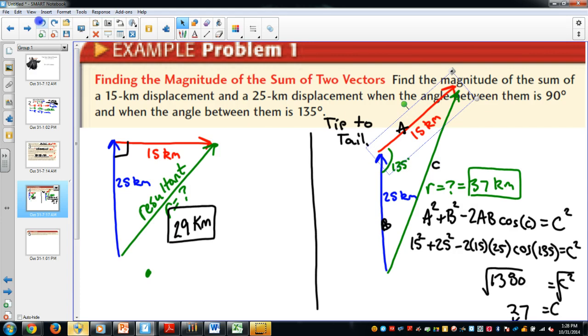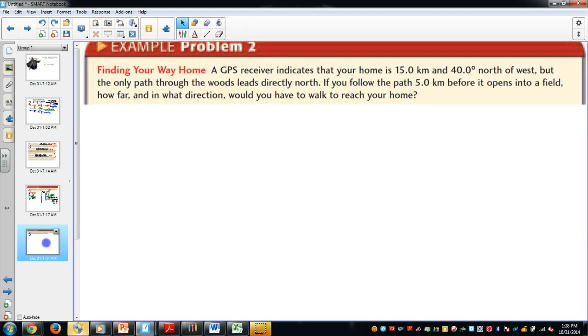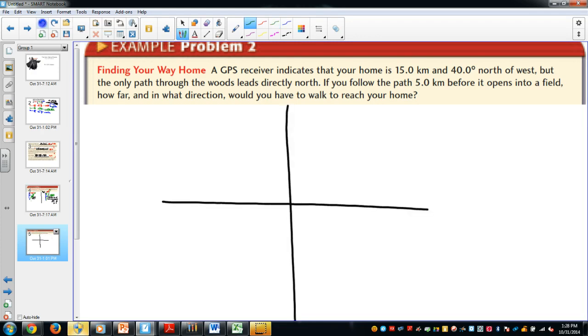The next type of problem, here's another example. Finding your way home. It says a GPS receiver indicates that your home is 15 kilometers and 40 degrees north of west. Oh boy. So I'm going to make a compass rose here. This is north, south, east, west.